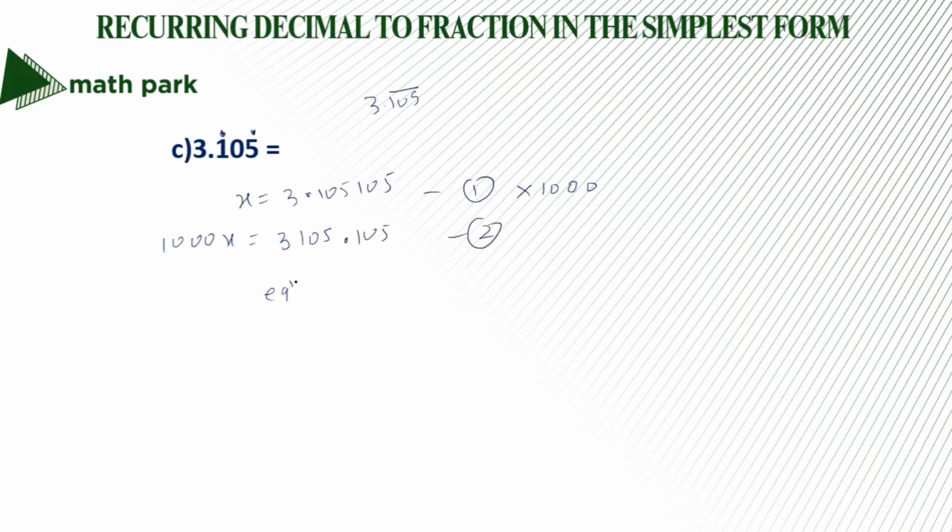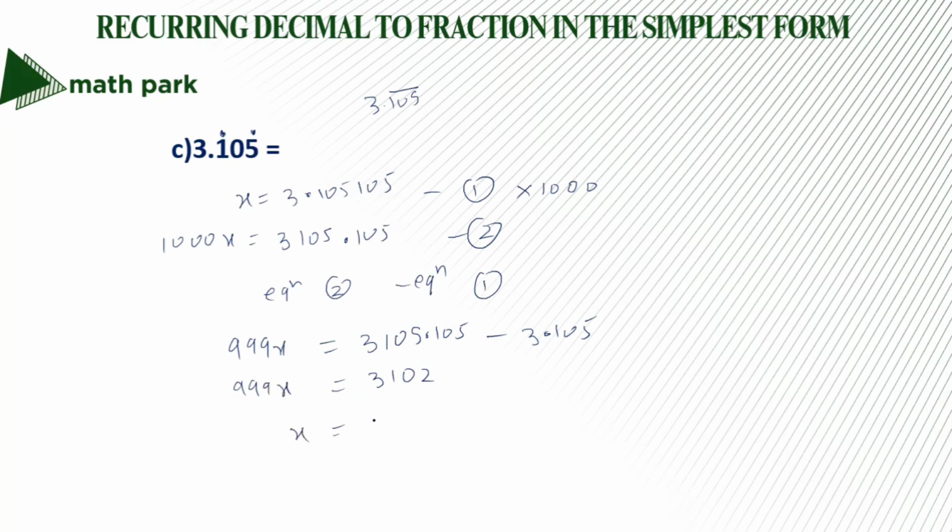We subtract equation 2 minus equation 1, which we get as 1000x minus x is 999x, which is equal to 3105.105 minus 3.105. So 0.105, the decimal gets removed, 5 minus 3 is 2. So you get 3102. 999x is equal to 3102.